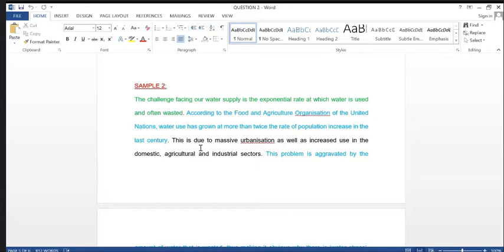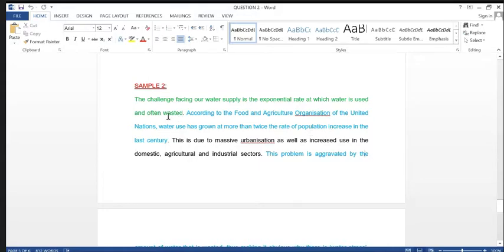The use has grown more than twice the rate of population due to, first, massive urbanization, and as well as a second reason why it has grown more than twice the rate, because of the increased use in the domestic, agricultural, and industrial sectors. So you can see how the second sentence and the third sentence support the first part of the focus in this main idea.